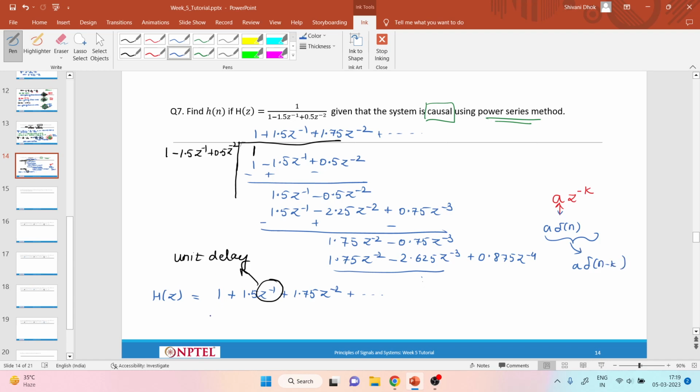So this one will be del of n, this will be 1.5 into del of n minus 1 plus 1.75 del of n minus 2 and so on. And this is h of n, which can be represented using a sequence like this: 1, 1.5, 1.75 and so on. To indicate that this 1 is located at 0, we put an up arrow below it.